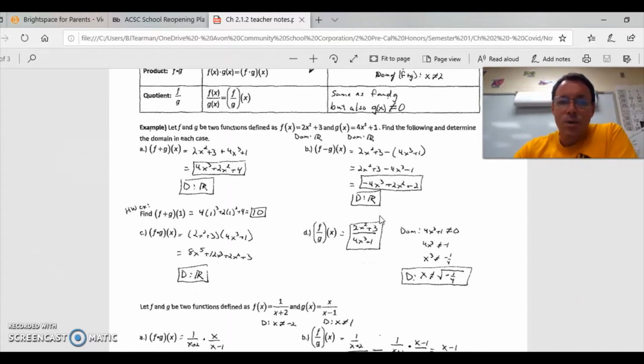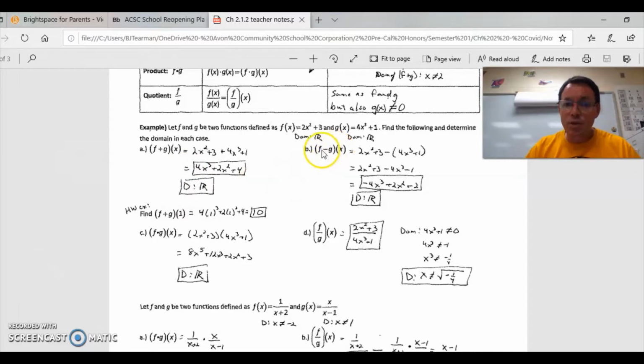Okay, so what I did was I gave you guys 2 functions, f of x and g of x. Now both of these have domains of all real numbers. There's no issues, no fractions, no radicals. And then I came down here and we did f plus g of x. So we added the 2 functions together. All we did was combine like terms. Okay, and that new function has a domain of all real numbers, which is what we think should happen.